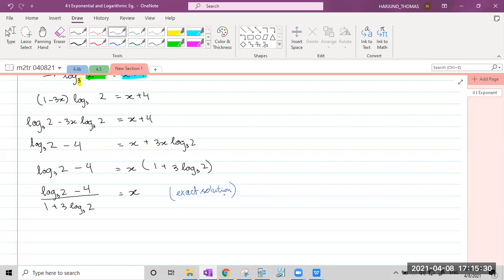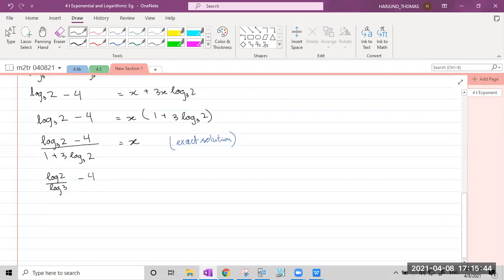Now then, if you want to make it into an approximate solution, then you do change of base. That's log 2 over log 3 minus 4, big fraction bar, over 1 plus 3 log 2 over log 3.